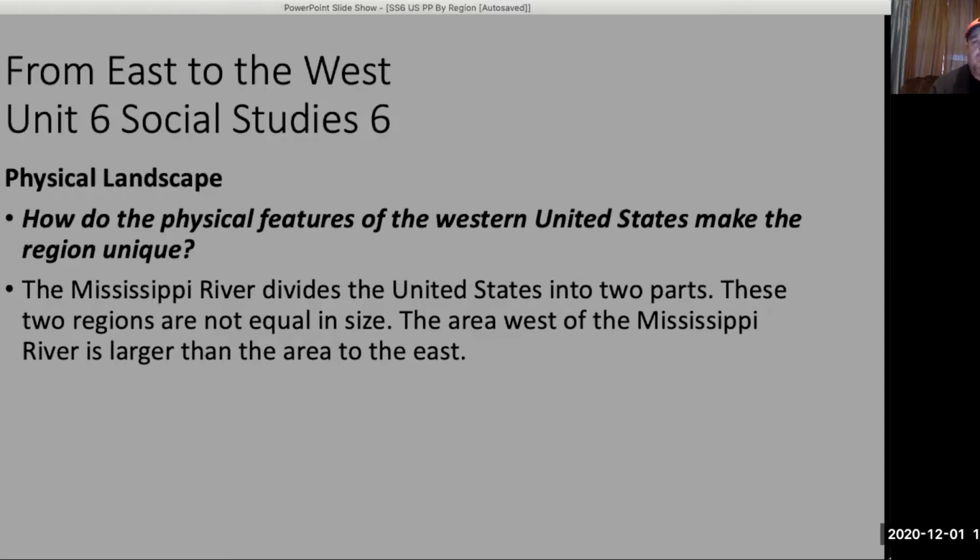What's different about the Southwest states that make it different from the Northeast and the Southeast? The Mississippi River divides the United States into 2 different parts. These 2 regions are not equal in size. The area to the west of the Mississippi River is much larger than the area to the east.